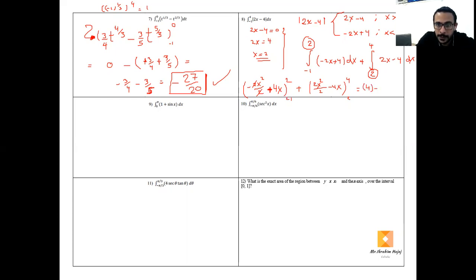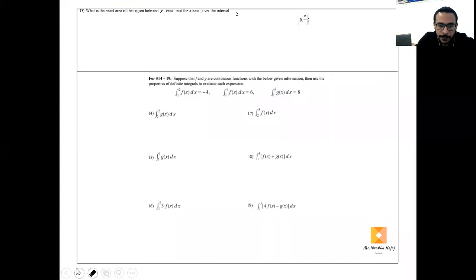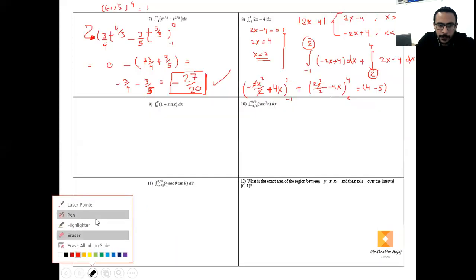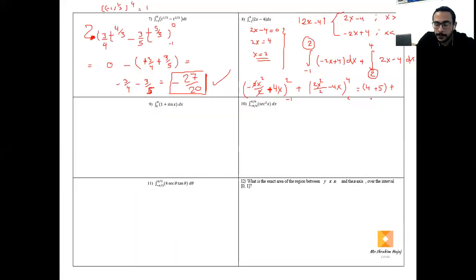Minus substituting negative 1: that is negative 1 minus 4, negative 5, and with the minus it becomes plus 5. This is the first integral, the first part, from the question.